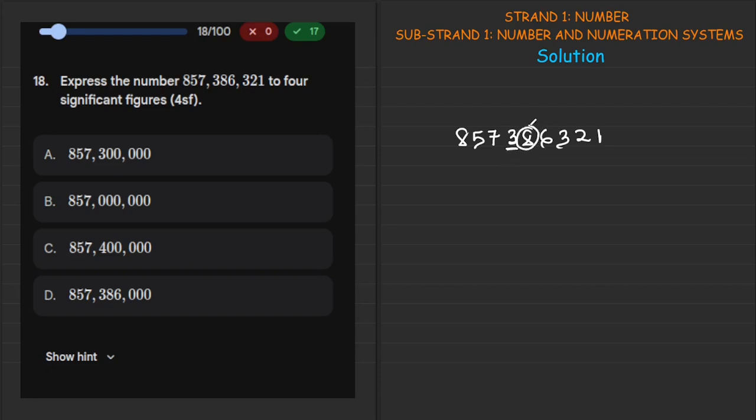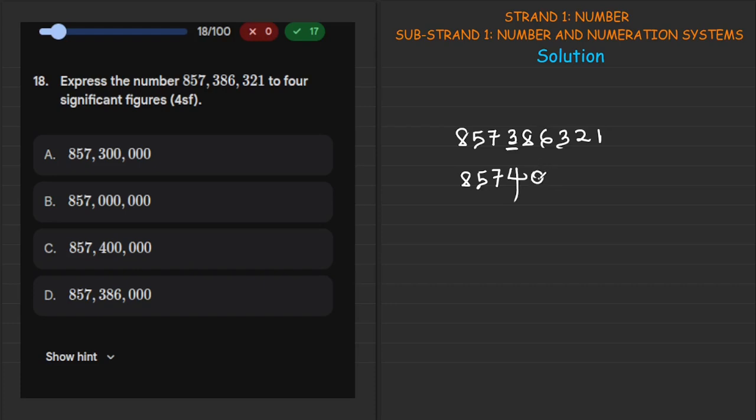But we need to consider the decider. This number decides whether or not it remains the same or it is increased. Since it is 5 or more, it simply affects this, and hence it increases. So that we have our 8, 5, 7, then instead of 3, we change it to what? 4.